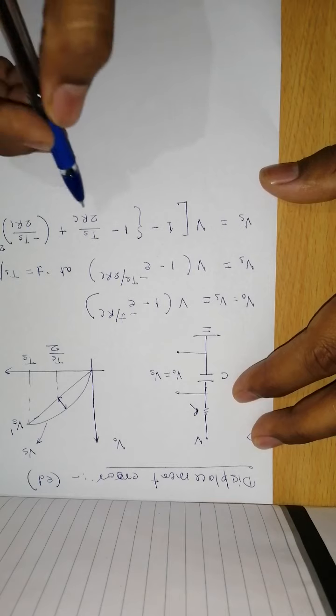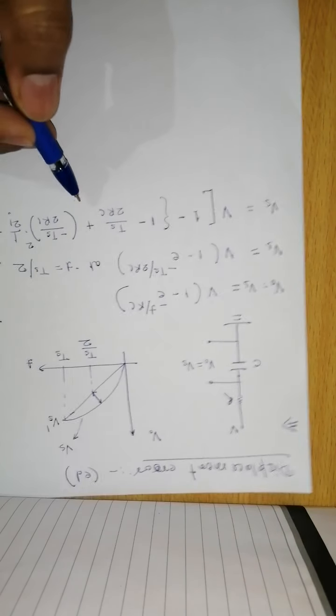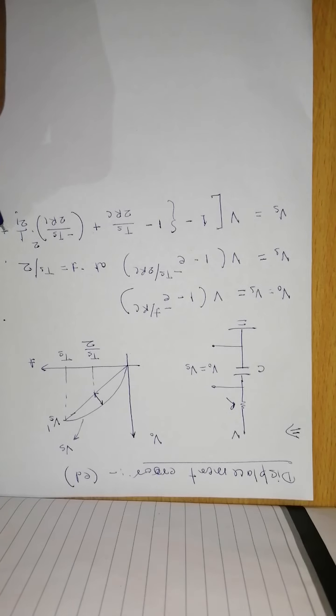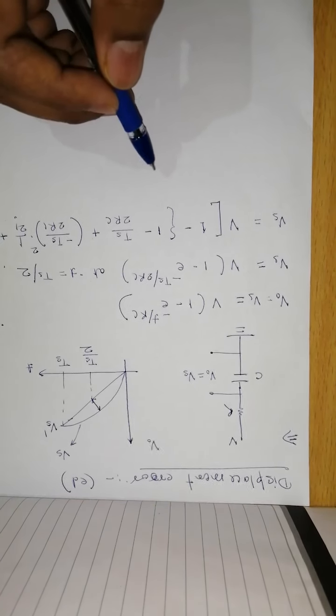Because we are interested in the first two terms only, I am expanding this series only up to the first two terms, and the rest we could write, but I am not writing here.